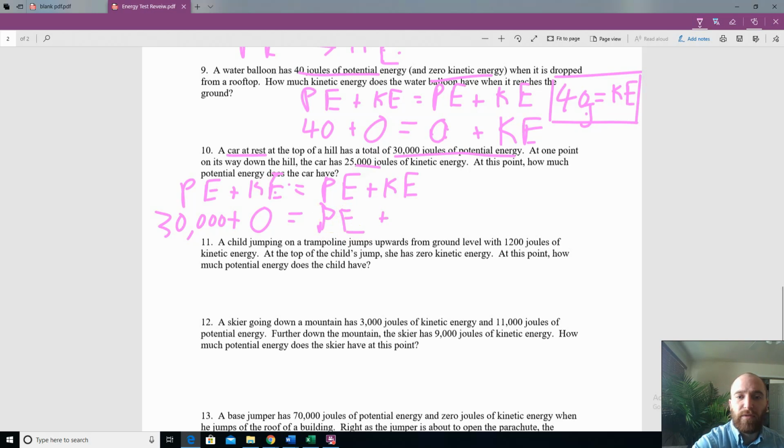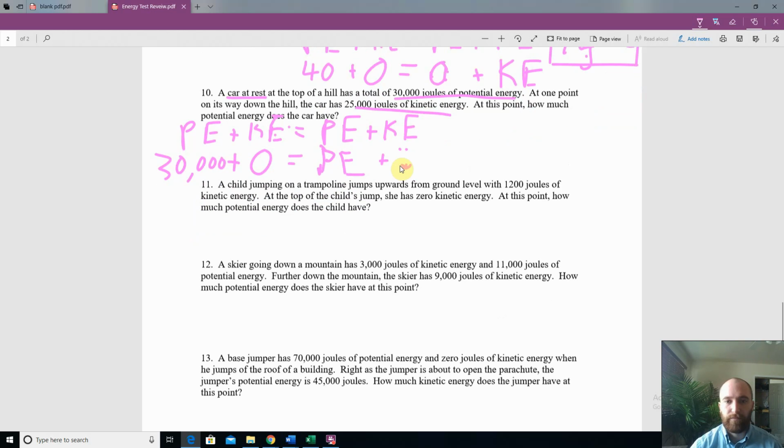plus, and I said it's got 25,000 joules of kinetic, so 25,000 joules of kinetic. Simplifying a little bit, looking at this left-hand side here, 30,000 plus 0 is 30,000 equals KE plus 25,000.